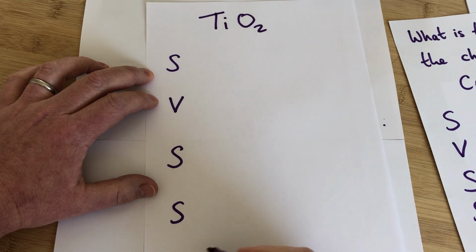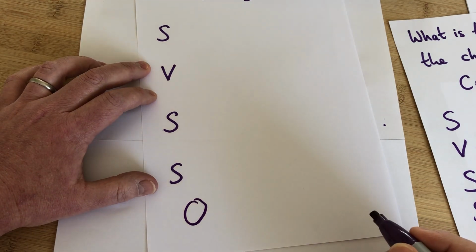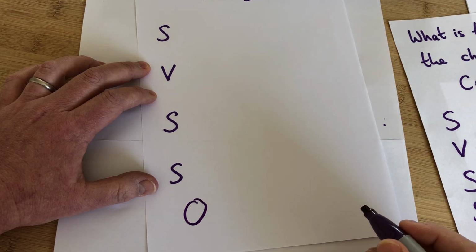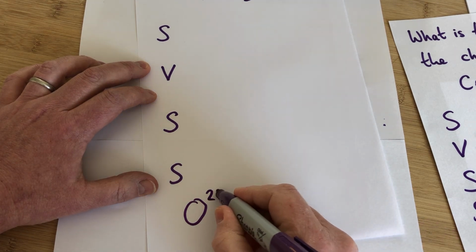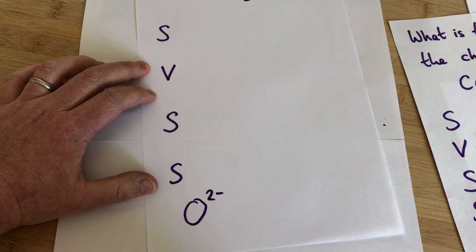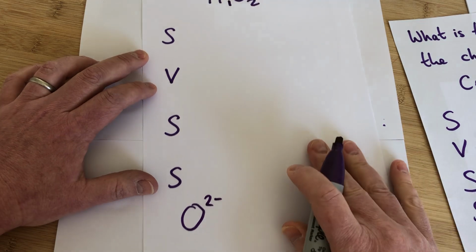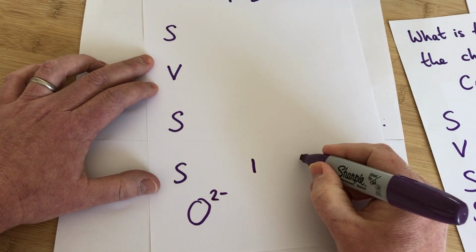Now, you should know that oxygen is in group 6, and oxygen in group 6 is valency 2, because it's got 6 outer electrons, it gains 2 electrons, so oxygen always makes this ion O2 negative, the oxide ion. Now the numbers here are titanium is 1 and oxygen is 2. 1 and 2.